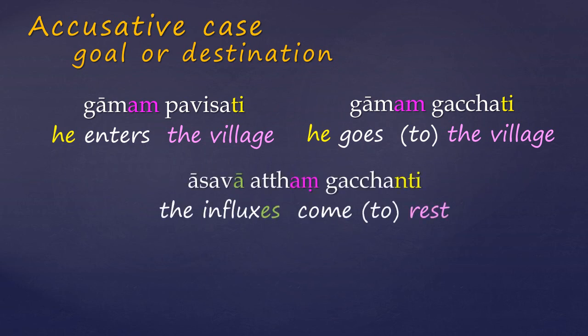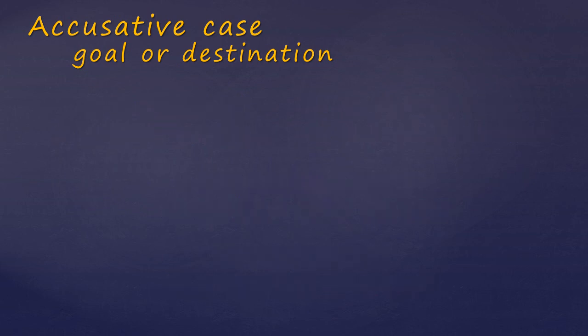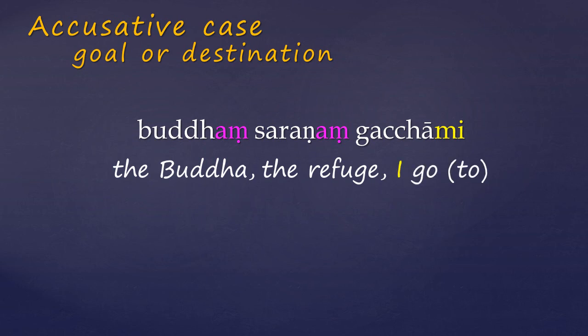For instance, the influxes come to rest. In fact, this literally reads, the influxes, they go home. Or to take another example, he arrives at destruction. And now we're armed with these concepts, we can take a line from the famous triple gem, Buddhaṃ saraṇaṃ gacchāmi, which word for word is, the Buddha, the refuge, I go to.